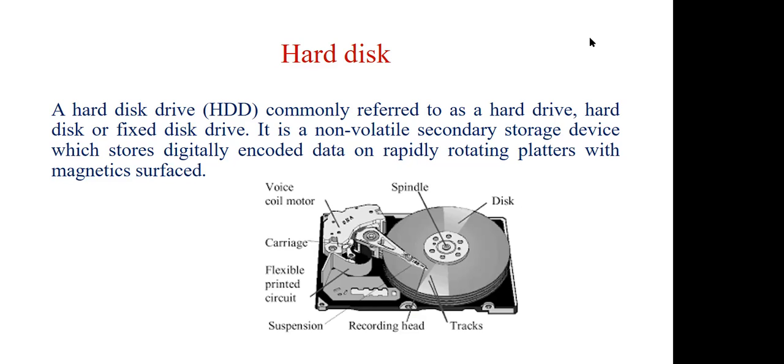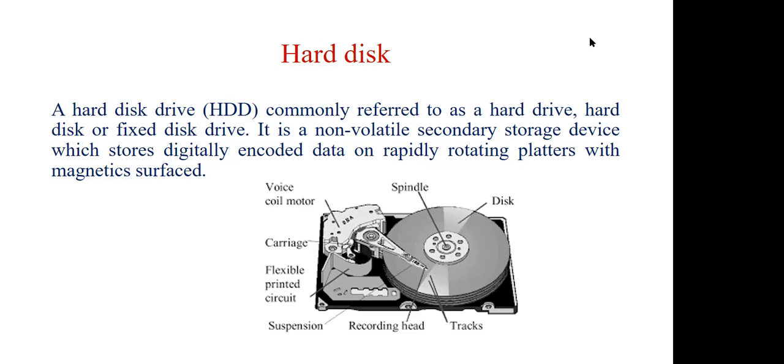We'll discuss the different components of the hard disk in the next lecture. But this is a major secondary storage device which is used to store data on a large scale. There are tracks on this disk, like the tracks on a CD.